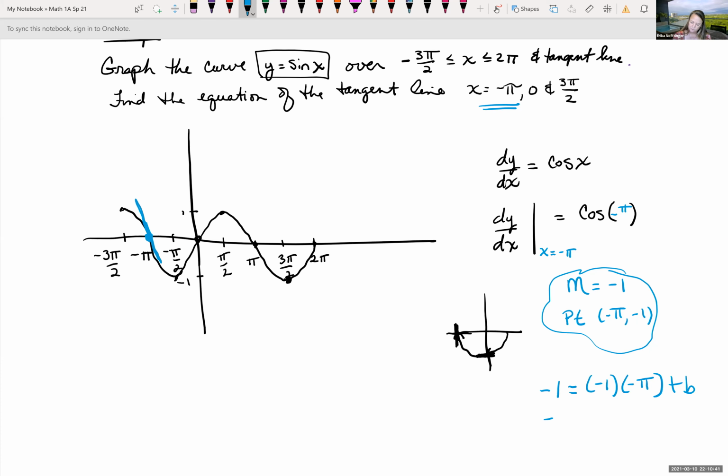So I have -1 equals pi plus b. Solving for b, b is equal to -1 minus pi. So my equation of this tangent line is y equals my slope, -1, times x plus b, so just put in this expression, -1 minus pi.